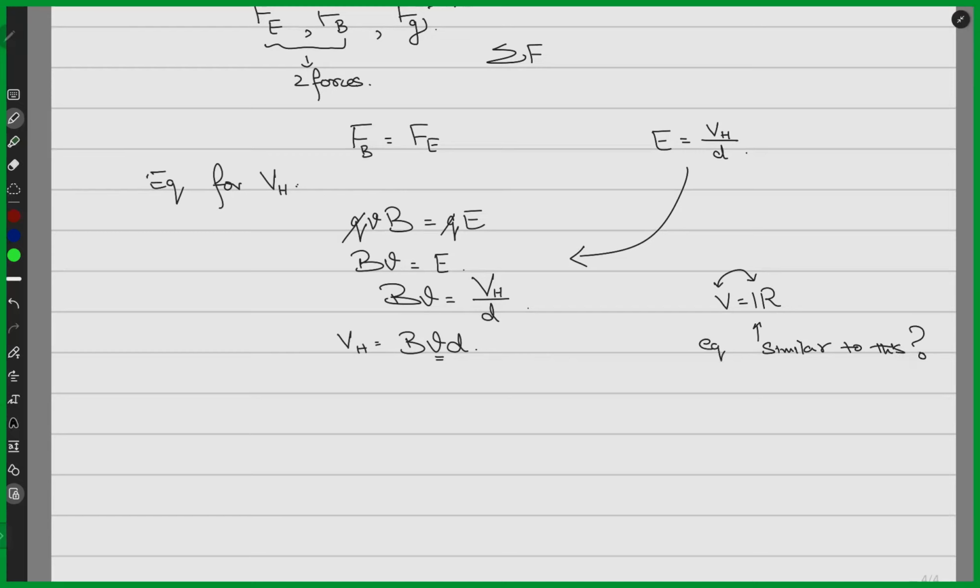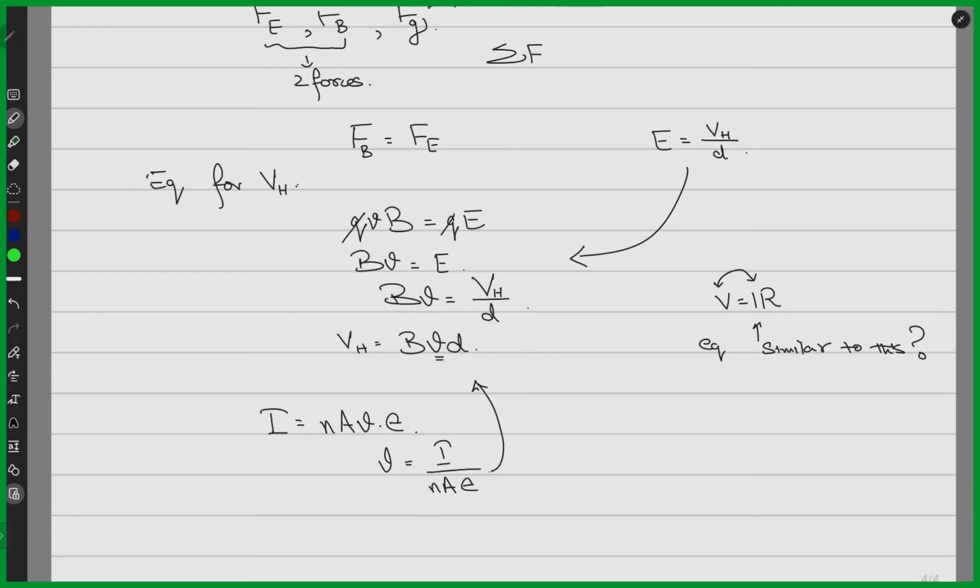Now we know that the current is given as nAve, where n is the number of charge carriers, v is the velocity of these electrons, e is the charge of the electrons, and A is the cross-sectional area of your conducting surface. So you can rewrite this equation as v is equal to I over nAe. And now I have an equation for velocity.